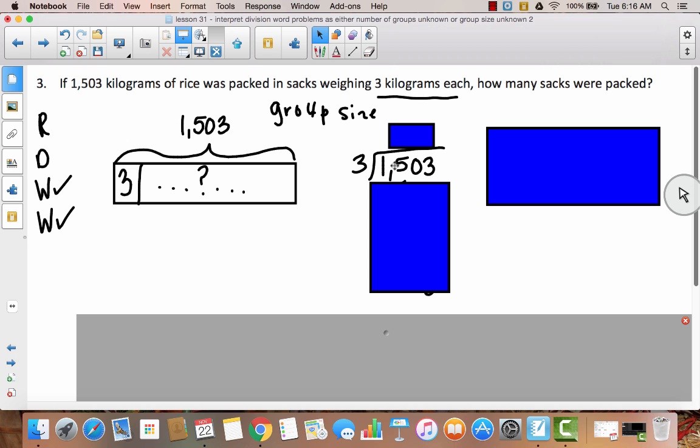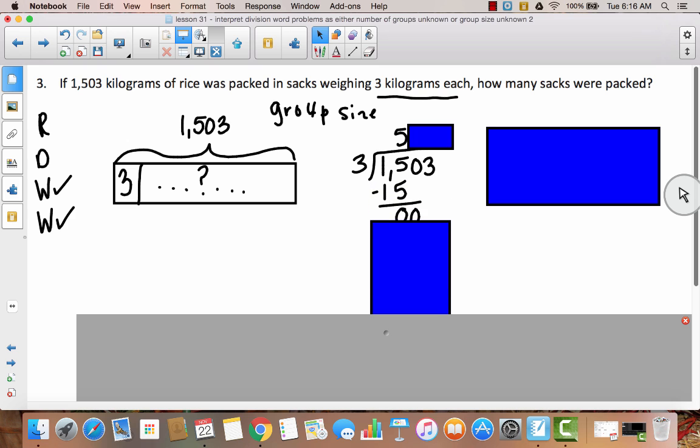Okay, so let's start with our division. So again, I could not take 1,000 and put that into 3 groups. So I had to decompose this 1,000 into hundreds, and I divided 15 hundreds by 3. So that gave me 5 hundreds in each group. So 5 times 3 is 15, and that left me with 0 hundreds. Well, I had no tens, so I was trying to take 0 and put that into 3 groups, and that can't happen.